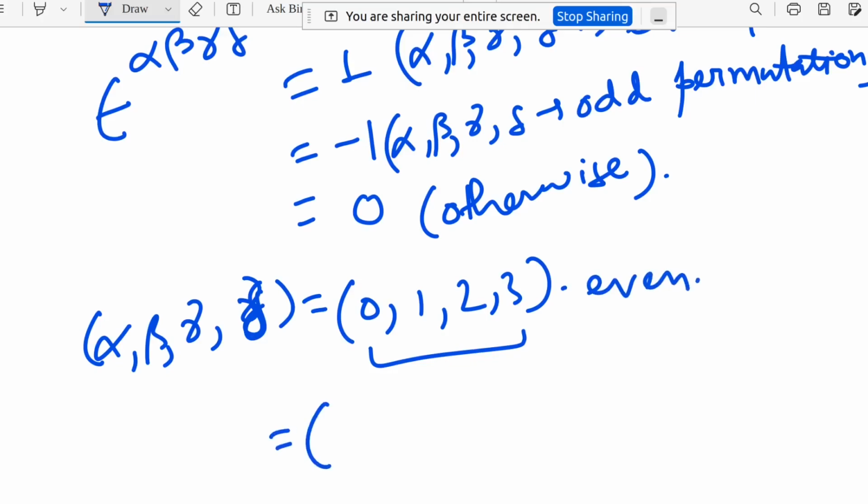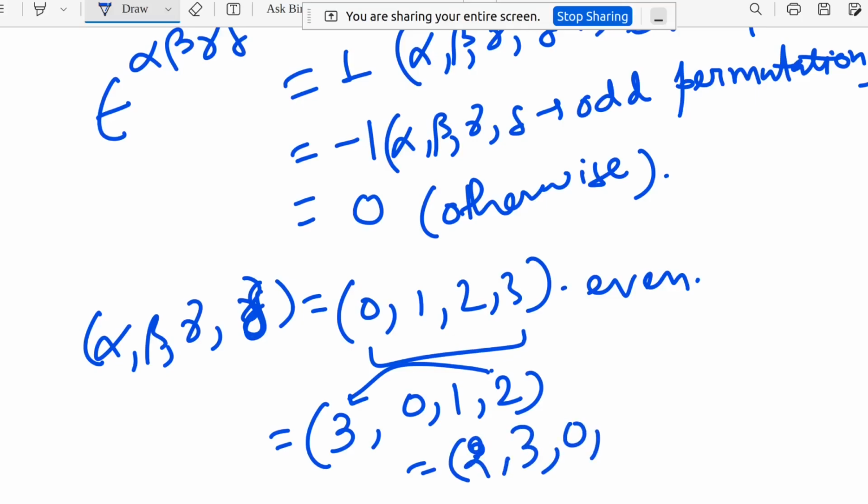Now also I can write 3, 0, 1, 2. This is odd. Why is it odd? Because one permutation we have changed, one order we have changed. Now coming again, let's say 2, 3, 0, 1. This is even. So like that, and otherwise it is 0.